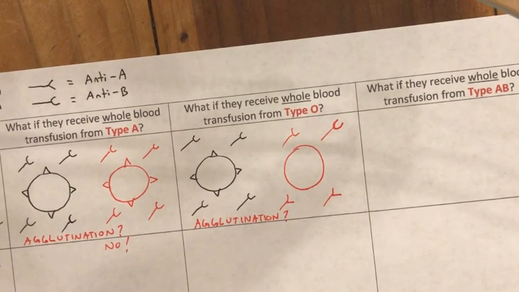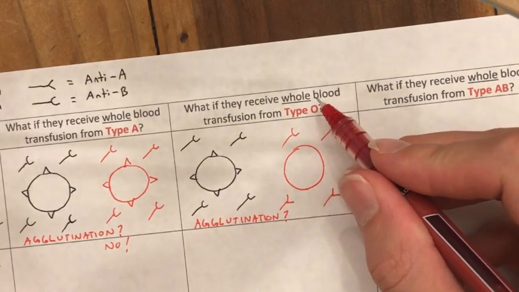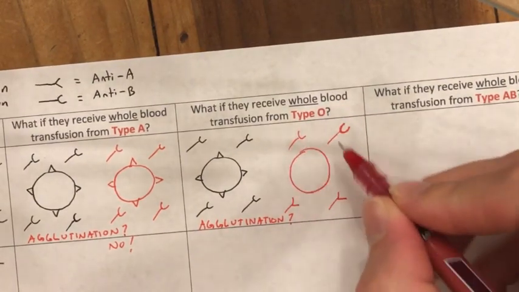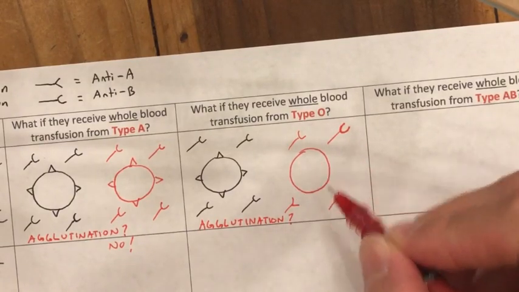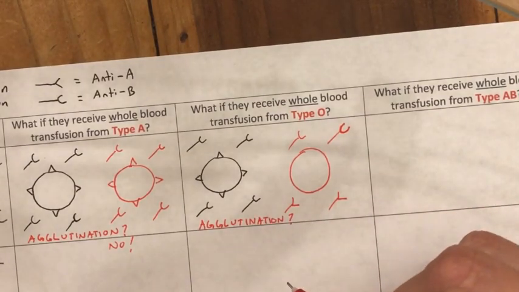So it might be tempting to say that no, there wouldn't be clumping. Type O is the universal donor, so it should be safe. But something important to note is we're talking about whole blood transfusions. So we are keeping these antibodies in addition to their red blood cells. So is there going to be something attacking anything else?